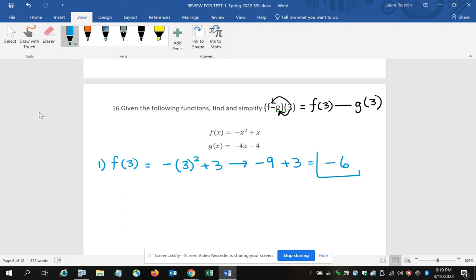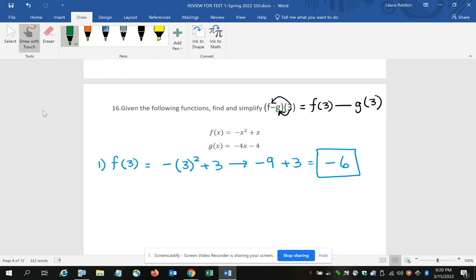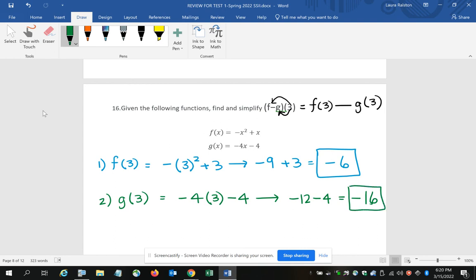So I have negative 6 for f at 3. Then I'm going to come back and I'm going to start over and I'm going to find g at 3. So I would have negative 4 times 3 minus 4. So I have negative 12 minus 4, which gives me negative 16. That's the value for g at 3.